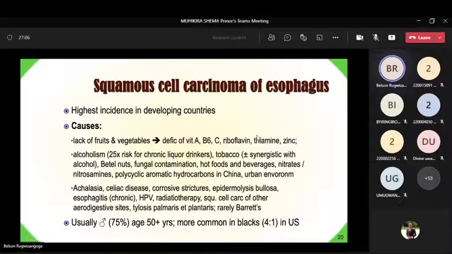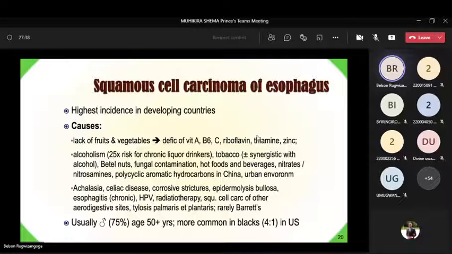Then the nitrates and the nitrosamines. In the molecular basis of cancers, you have seen that these are one of the risk factors of gastrointestinal cancers. The problem is that when you eat foods which are pre-cooked, those you buy from supermarkets, they put nitrosamine in them so that these foods can be preserved.